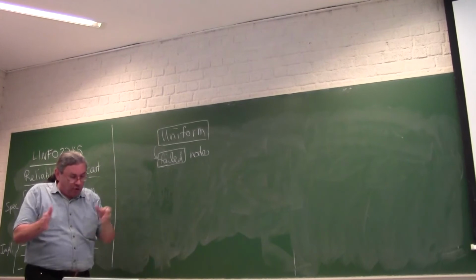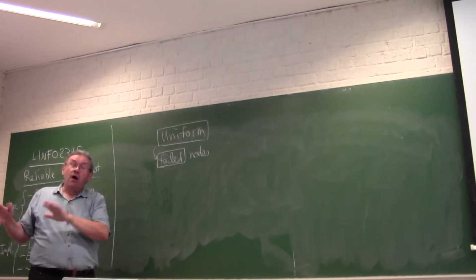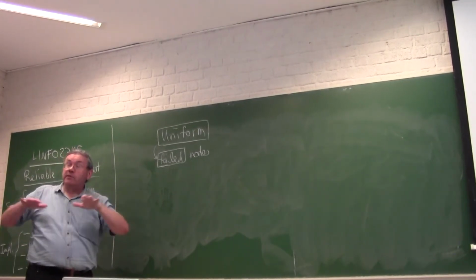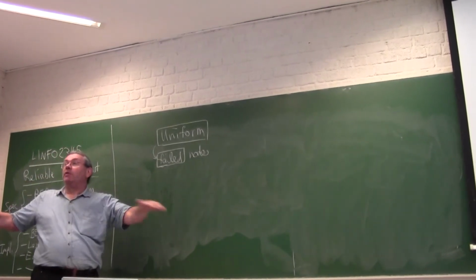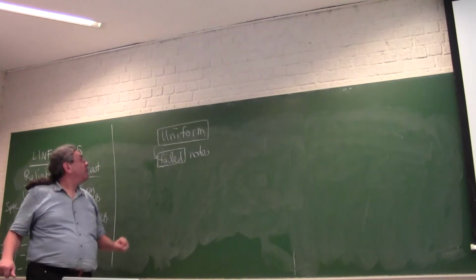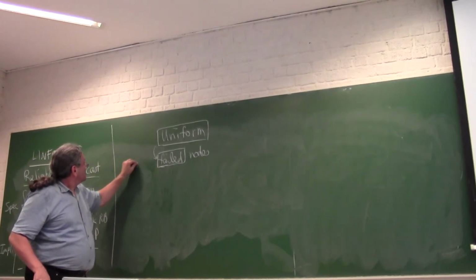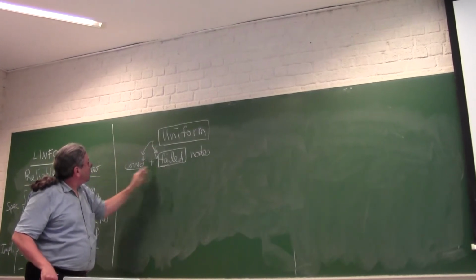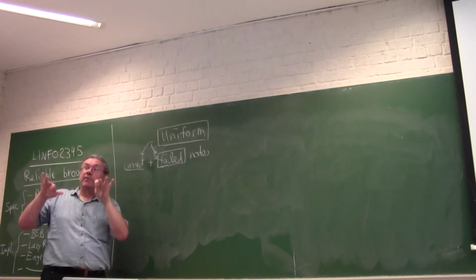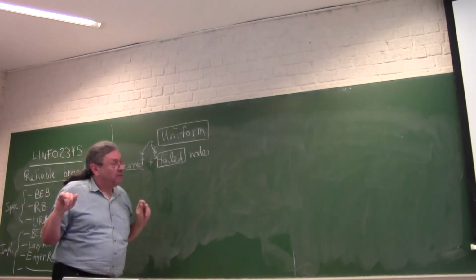Uniform means that the correct and the failed nodes are handled approximately in the same way. They're worth as much. So it's uniformly going to handle correct and failed nodes, at the same level. So that's what it means, intuitively.